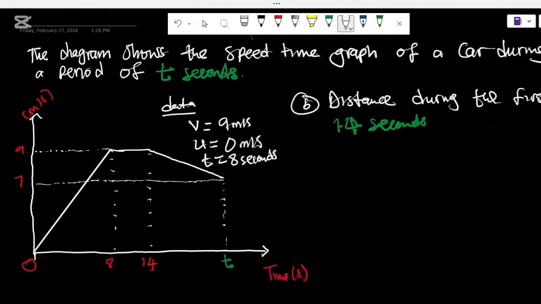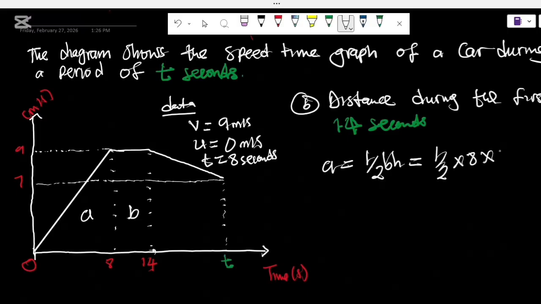If you look from 0 to 14, notice that we have two shapes again. We have a triangle and we also have a rectangle. So we can name this area A and this area B. Area A is a triangle, so this is half BH, which is half times 8 times 9, because when you look at 9, this is the height, and when you look at 8, this is the breadth.